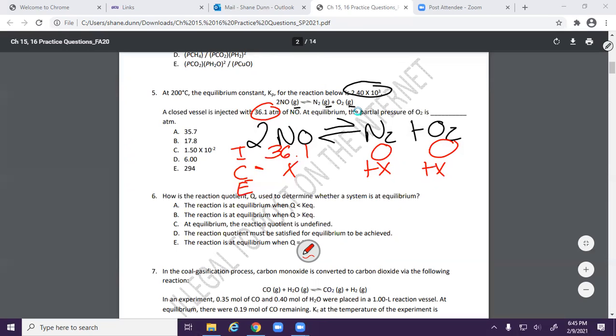Good. One more thing, though. There's 2. For every 2 moles, I make one of these guys. We have to denote that. So it's minus 2x. It's going to be used up twice as fast. So the E value, the equilibrium, will be 36.1 minus 2x. We'll have plus 1x here, plus 1x here. And these are my new variables that I will plug in to my constant.